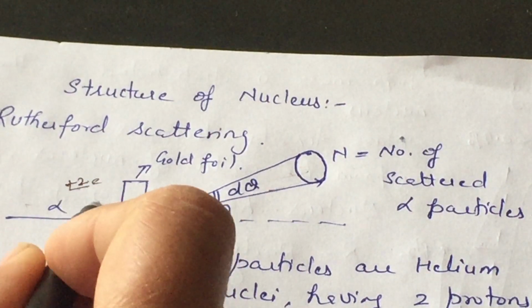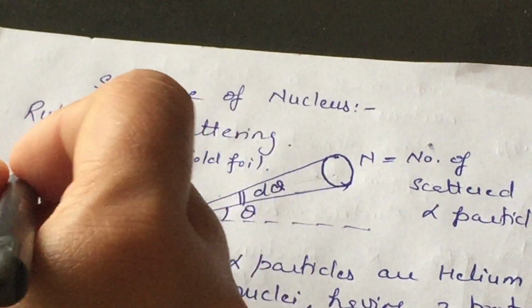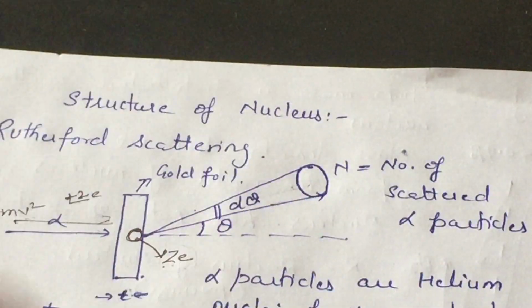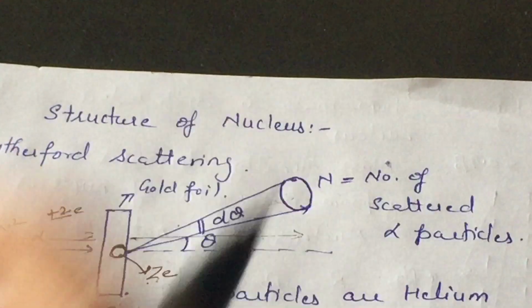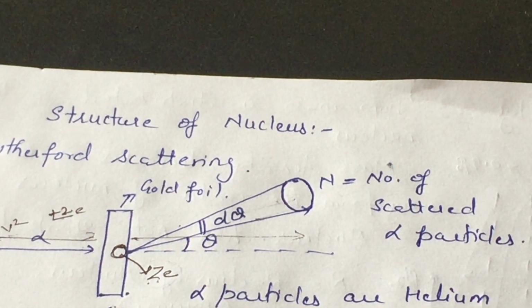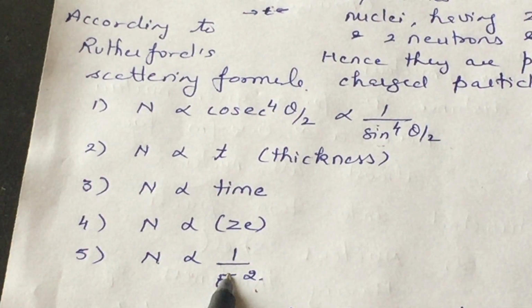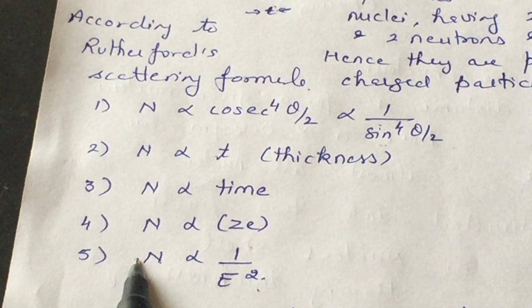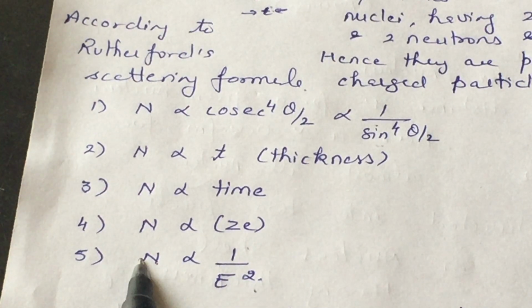But if this is a fast moving alpha particle having large kinetic energy, then this alpha particle has a tendency to go in the forward direction with small scattering, or with no scattering, or with small displacement, or with no displacement, because of the energy. It means if the kinetic energy of the alpha particle is large, then the number of scattered particles in the range of angle theta to theta plus d theta is going to be small.